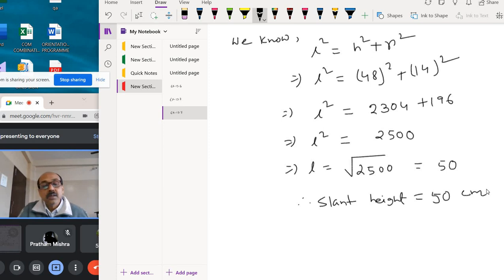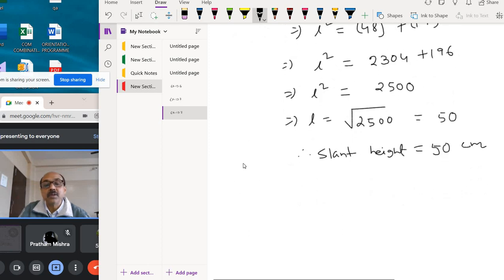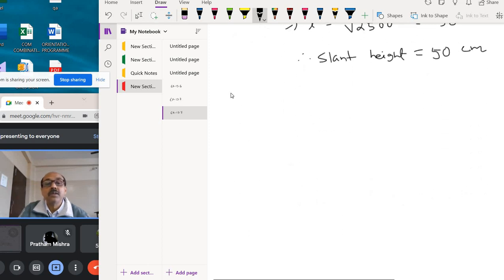Okay, one more question is part 3, the curved surface area of the cone. What is the formula of the curved surface area of the cone?